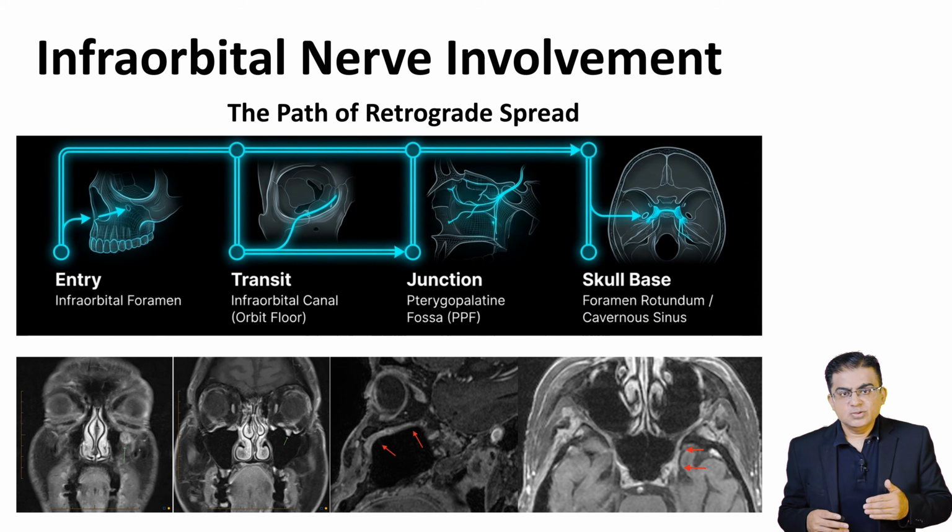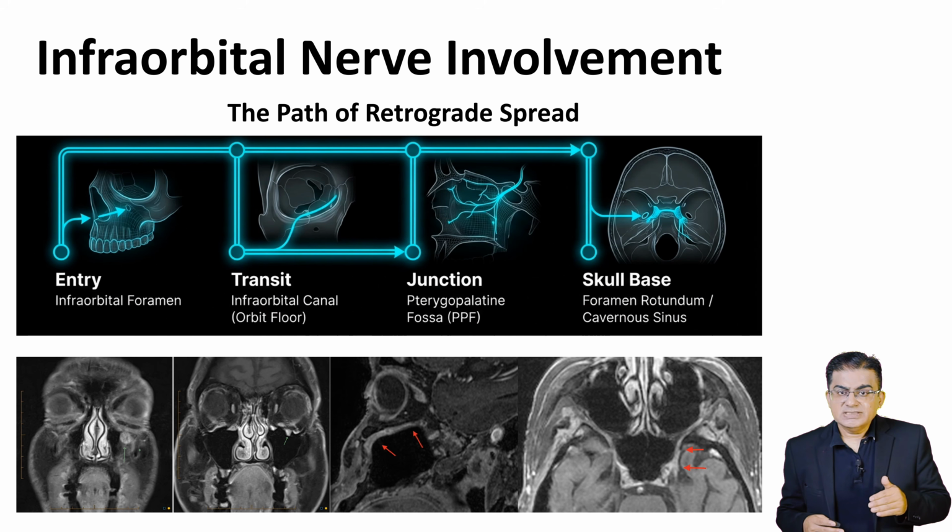If it makes it through the canal, it hits a critical junction, the pterygopalatine fossa or the PPF. This is a major crossroads deep inside the face. And if the disease is not caught there, it reaches its final deadly destination, skull base.